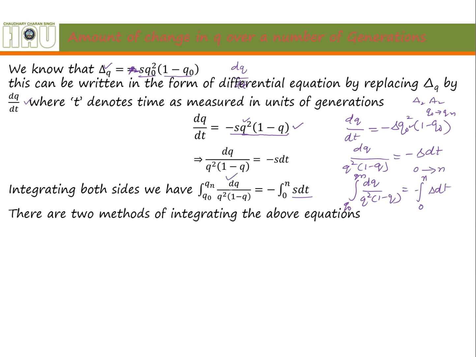So, when I integrate this part, there are two methods to integrate this equation. First method, in which I will use a result, that is, the integral of dx upon x square into (ax plus b), and its integration is 1 by bx plus a by b square log of (ax plus b) over x.